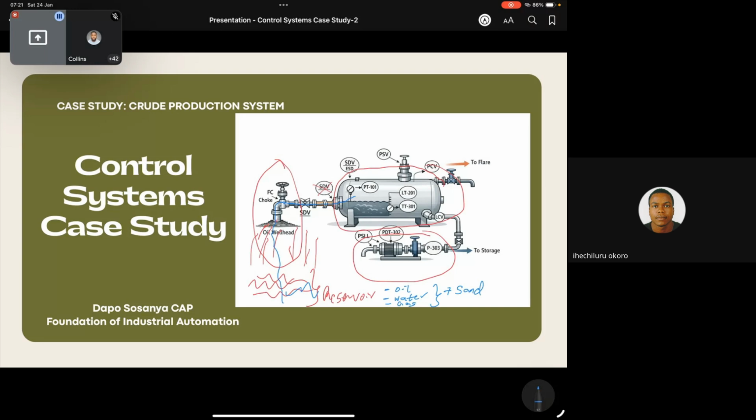So you essentially have four components flowing from the reservoir into this tank, right? And then we'll explain all the instrumentation we are looking at, I mean, all the symbols. So the function of this tank, we call it a separator tank.